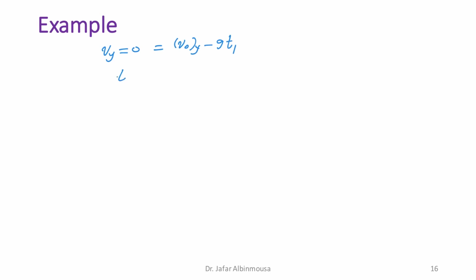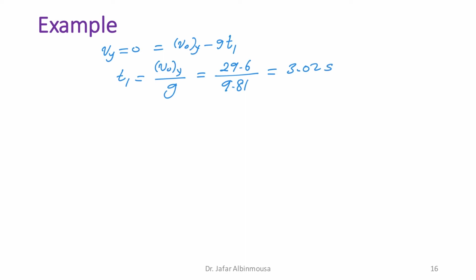We call t1 the time to reach the maximum or the peak, which is equal to V0y divided by g. So we are going to divide 29.6 by 9.81. This is going to give you nearly 3.02 seconds.